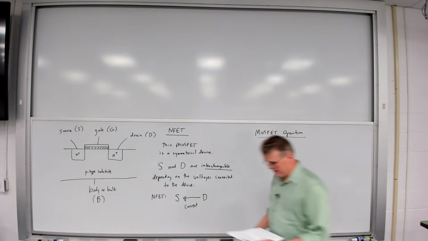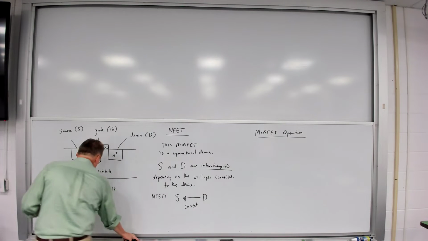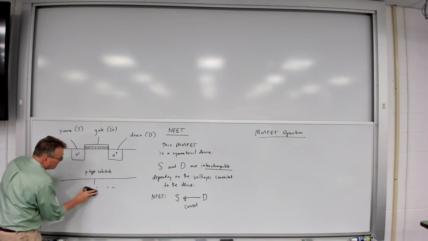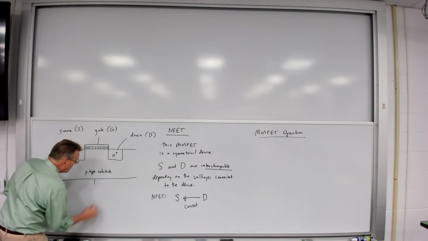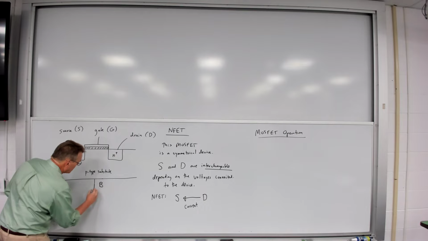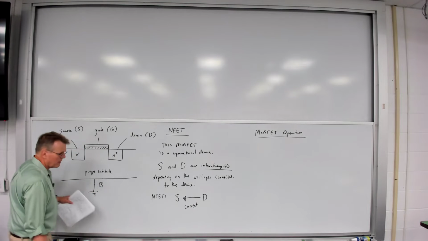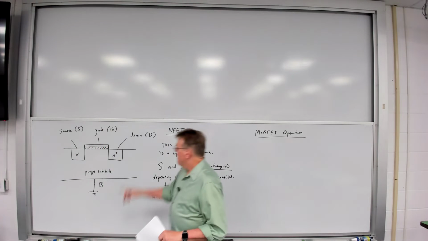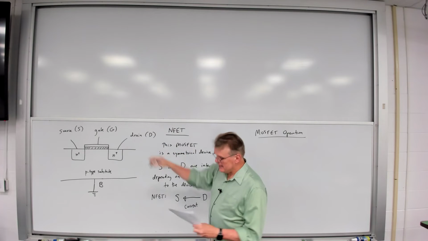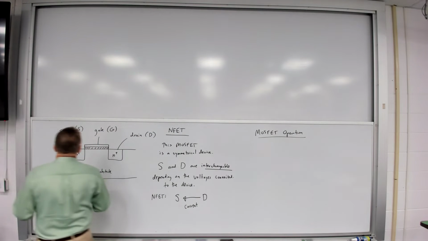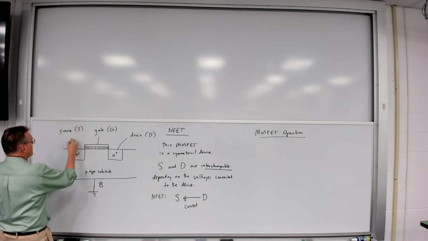So let's go ahead and do that. What I'm going to do first is the bulk, I'm going to ground that. Then I'm going to connect the drain, the gate, and the source to some sources of their own.